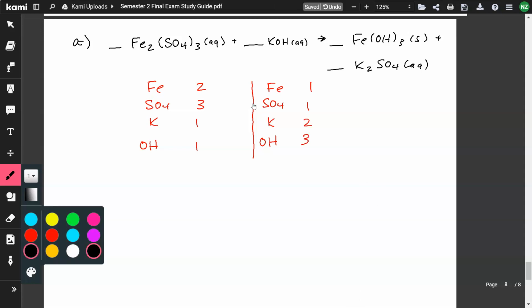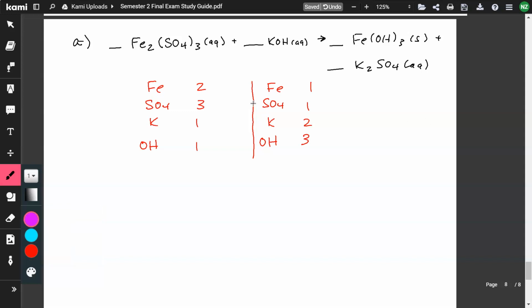All right, irons aren't balanced, so let's put a 2 here. So this becomes 2, and our OHs become 6. Our SO4s aren't balanced, so let's put a 3 here. So 3 times 2 is a 6, and 3 times 1 makes this a 3. And, oh, this is easy, let's just throw a 6 there. Okay, great. So that's our molecular equation.